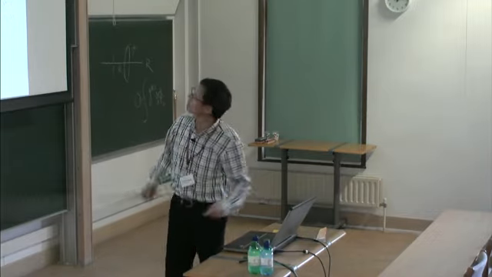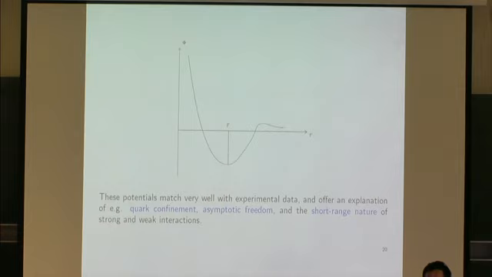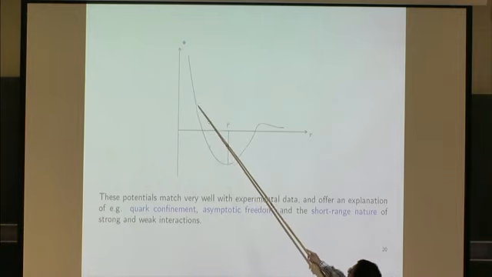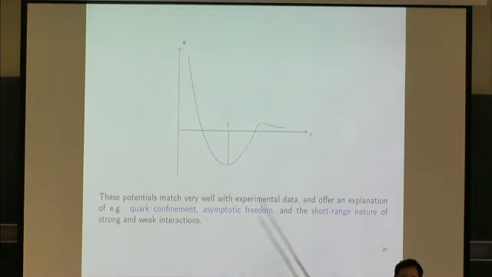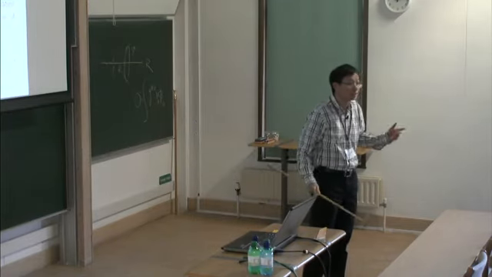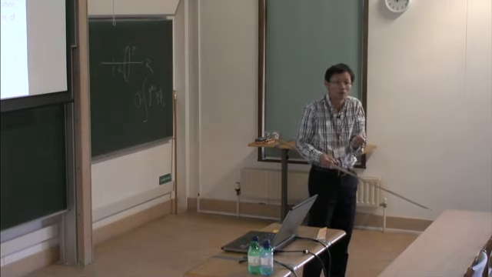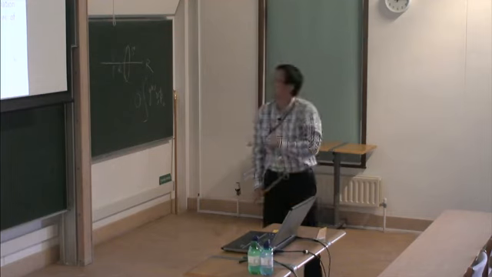Then this is the potential. In this range, it matches a Yukawa type of potential, but also, when two quarks are getting very close, you get very strong repelling forces. I think this repelling force is very important because it's preventing all the particles from crashing together.